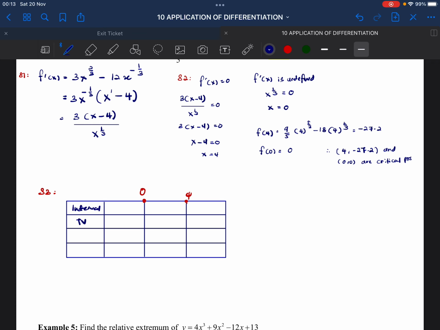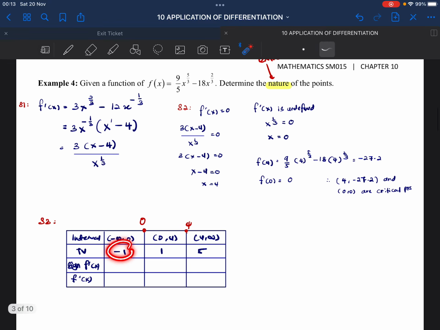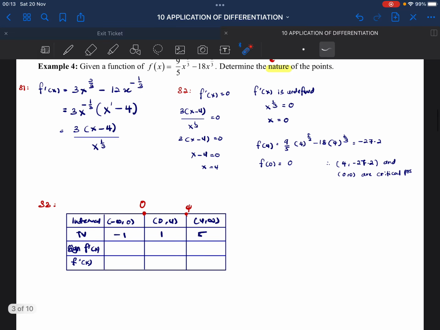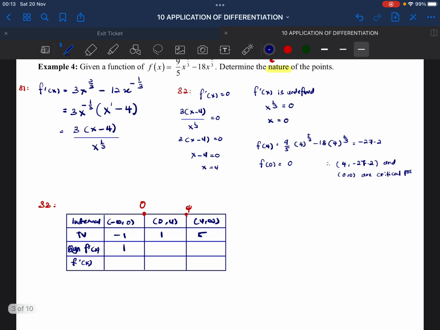And then test value, sign for your f'(x), and then the gradient of our f'(x). So the interval we have negative infinity to 0, 0 to 4, 4 to infinity. So here we have test values negative 1, 1, 5. Now to find the sign for your f'(x), just substitute the test value into the function here. This one should get you positive, negative, positive. You can try substituting by yourself.